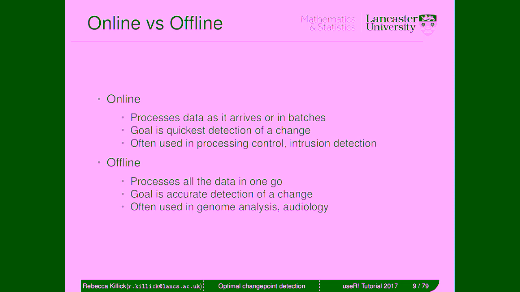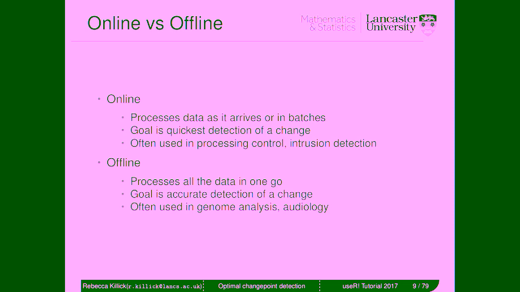Where you're wanting to do batch data, where you receive a batch of data and you have to process it really, really quickly before you get the new set, you're then wanting to update what you already know from previously rather than reanalyze the whole set of data again. So the goal in offline change point detection isn't about quickest detection or anything like that, because you've got all the data in one go. It's purely about accuracy.